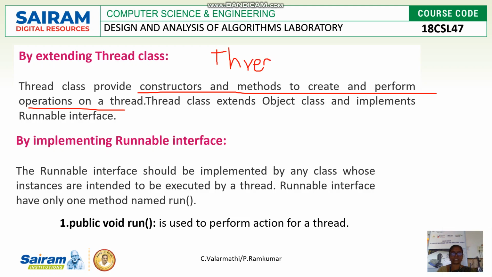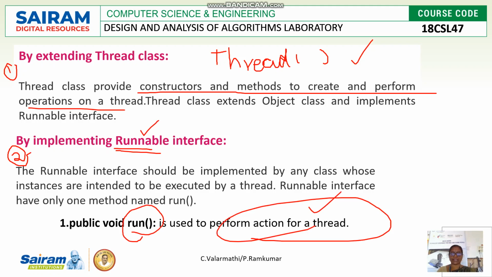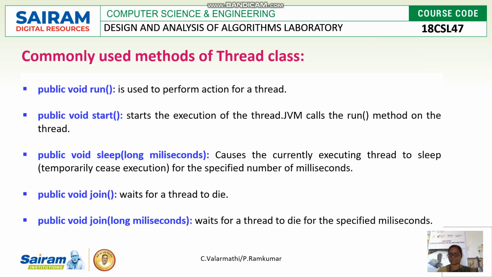There are various formats of constructors available for the Thread class, and using any one of them, a thread will be started. The second way is by implementing only the Runnable interface. By implementing it, we have only one method, called the run method, which performs all the actions needed for the thread.